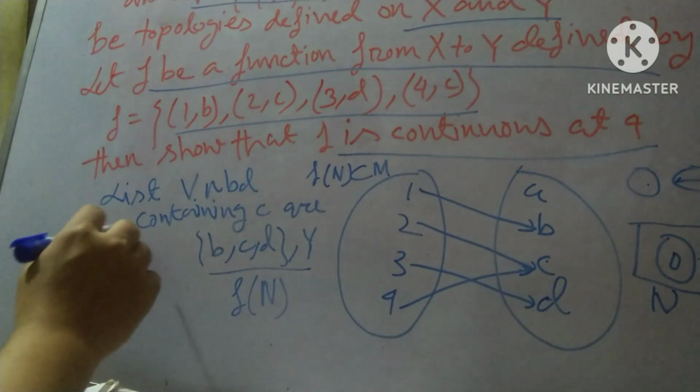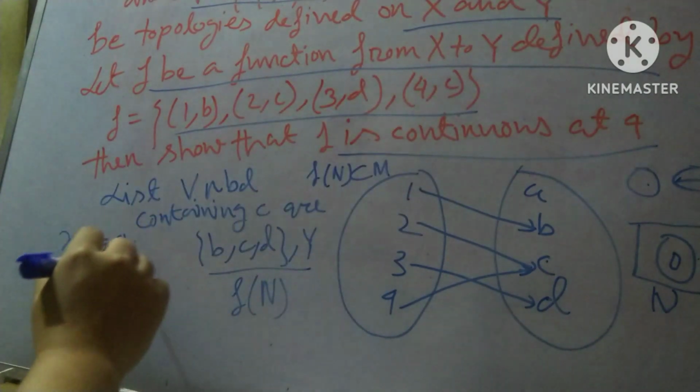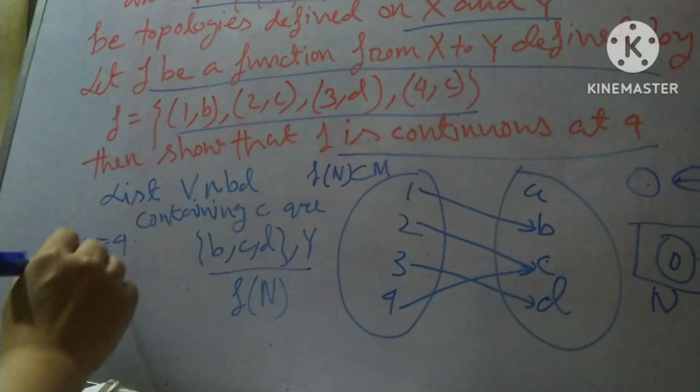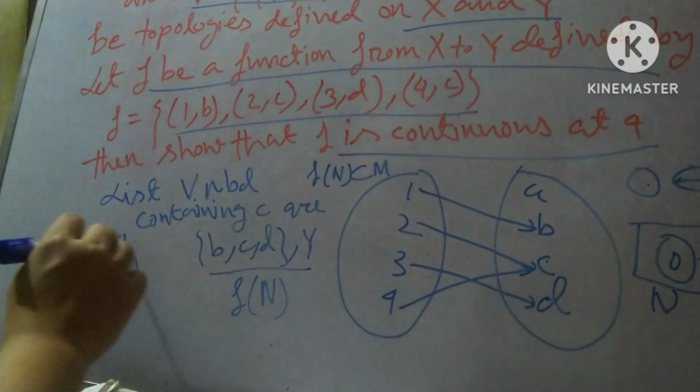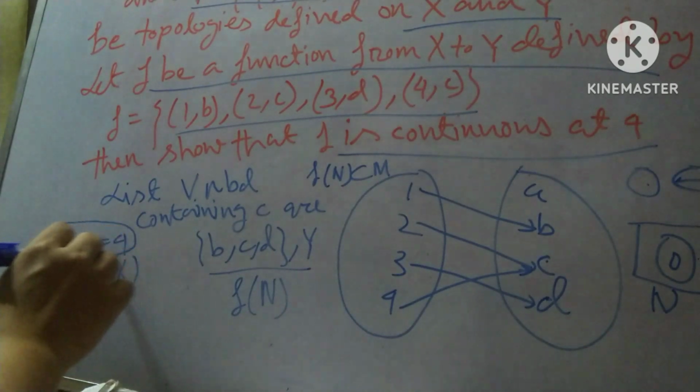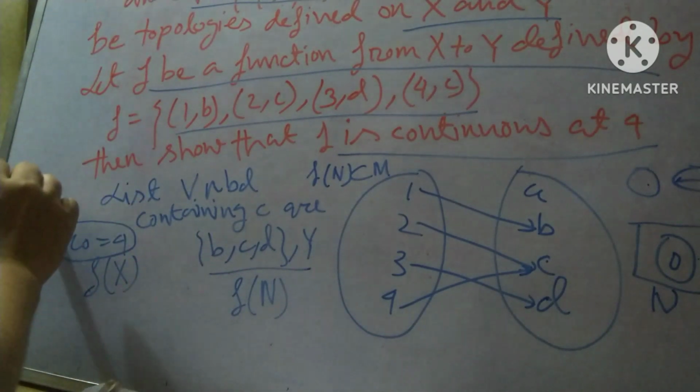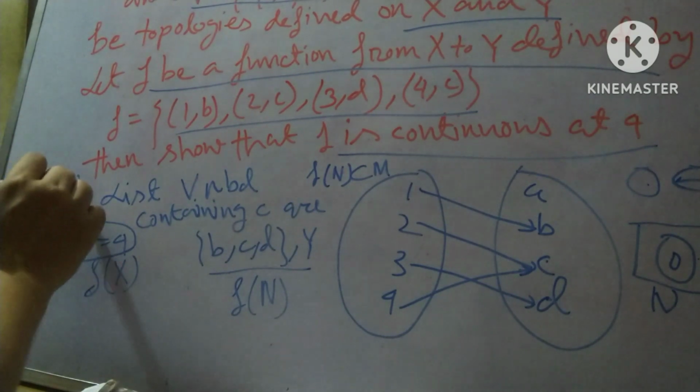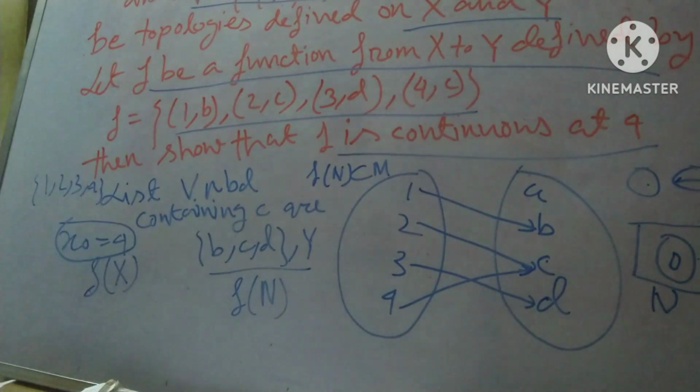So the neighborhood of 4 is only X. X is the only neighborhood of 4. Neighborhood of 4 means 1, 2, 3, 4, because there is only one neighborhood, that neighborhood is X.